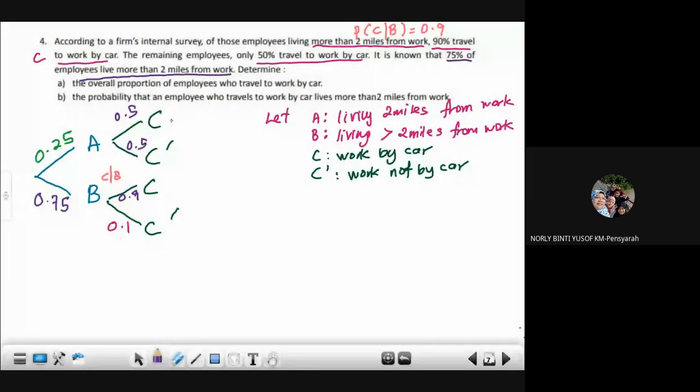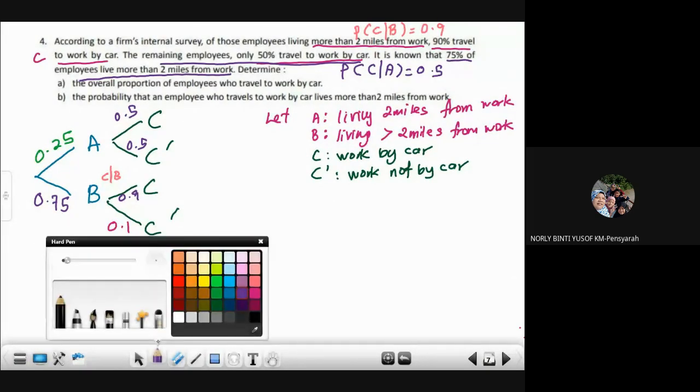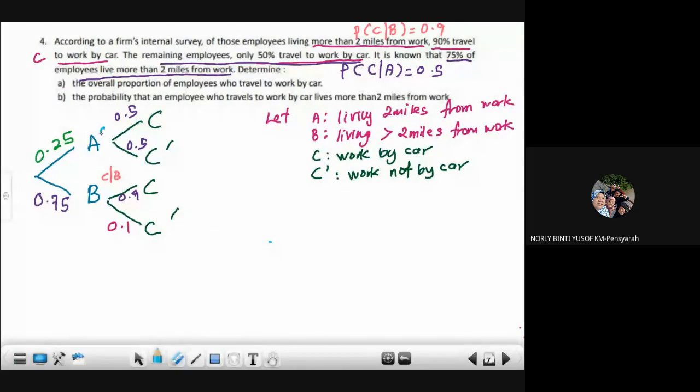Okay, the remaining work by car. Sini lah. That means here is actually the given probability is A, work by car 0.5. Itu yang dekat sini. This is C given A. Okay, so bila dah lengkap, then write the outcome.